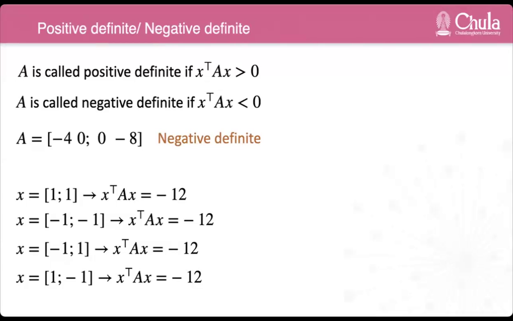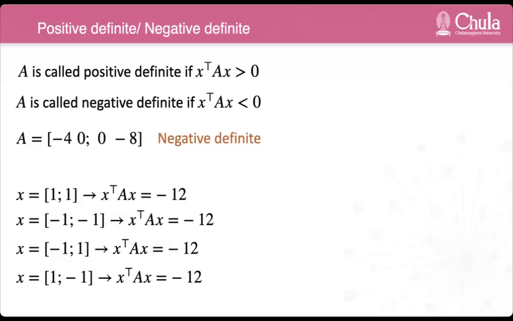But in the case of matrix, if the A you put there renders the result positive, A must be positive definite. Or if you put A here, X transpose AX, and it is negative, then A is negative definite. This is the connection between scalar and matrix.